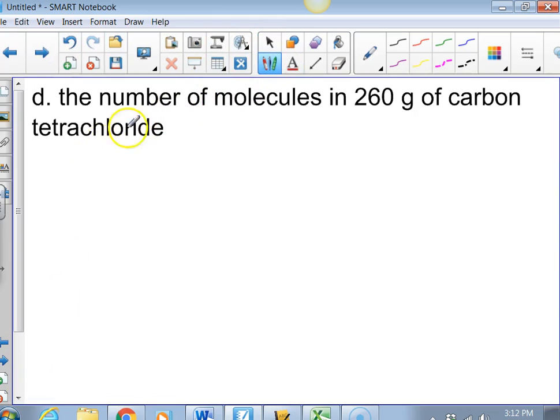Okay, problem D. We want to know the number of molecules in 260 grams of carbon tetrachloride. Carbon tetrachloride is a covalent compound. It's using Greek prefixes, so 1 carbon, 4 chlorine, CCl4. We have 260 grams CCl4.